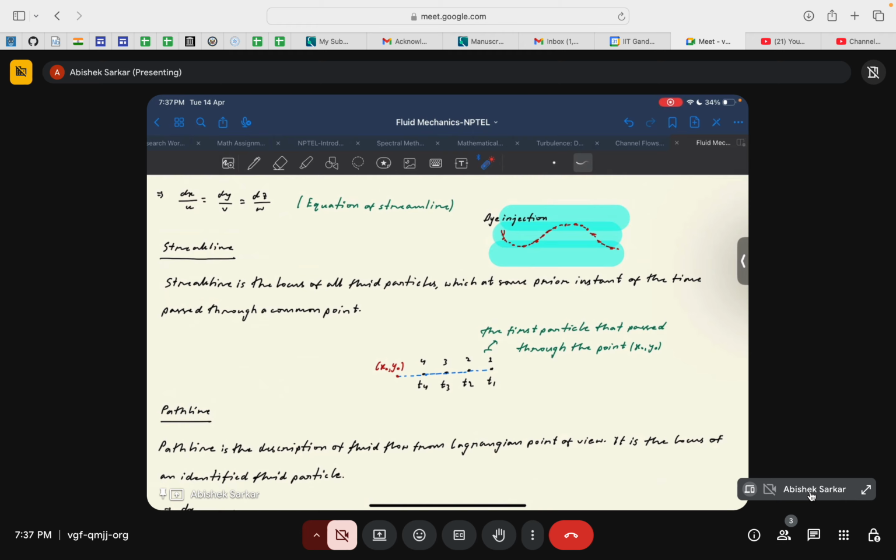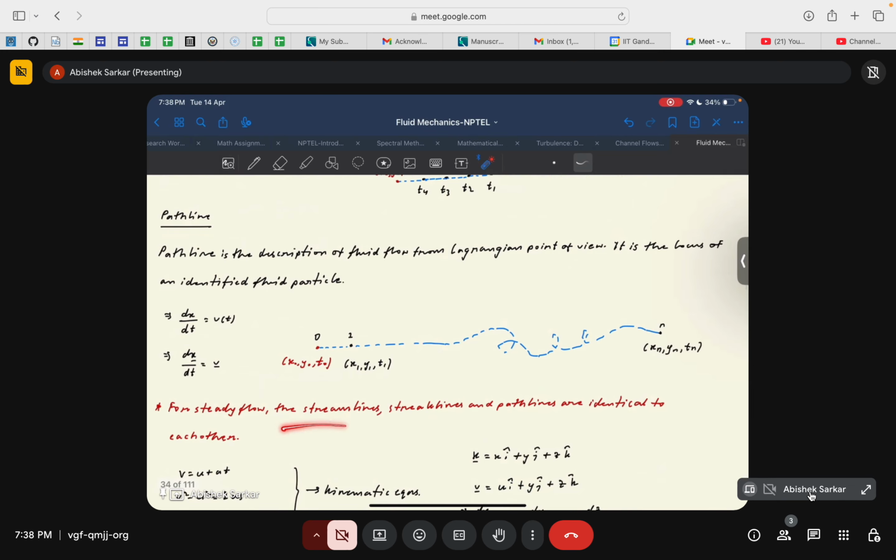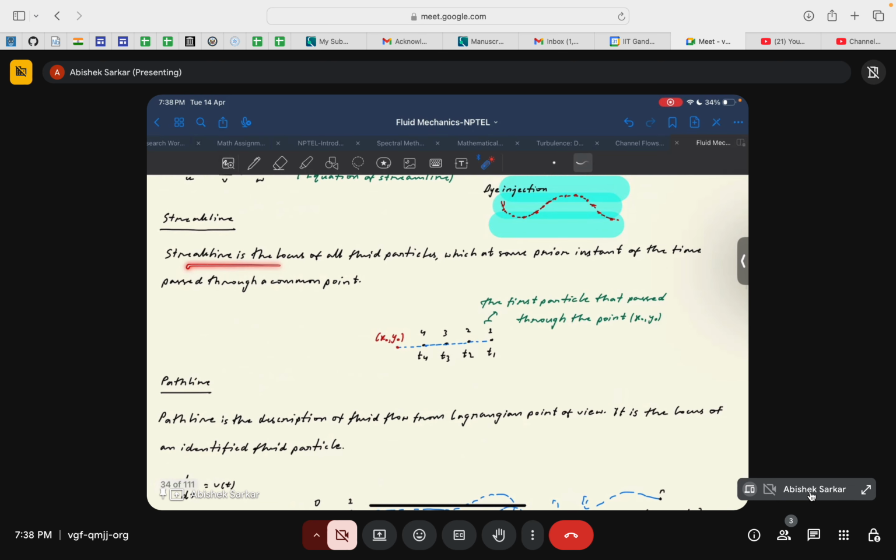But if we are able to achieve, or at least approximate, a steady flow, then these streak lines become identical to the streamlines, and we can say that the smoke lines we see over the flow over an aircraft wing are essentially the streamlines.